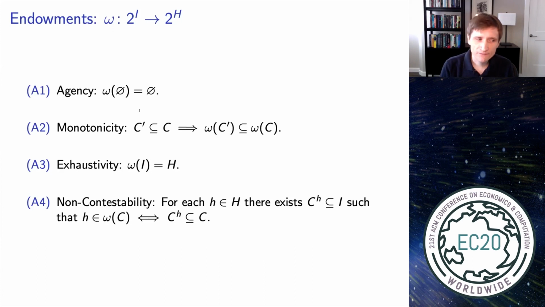The first three are fairly uncontroversial. The empty set owns nothing, a coalition owns anything that a sub-coalition owns, and the grand coalition owns everything in the economy. The fourth assumption is in some way the technical one that lets us get some results. It's basically saying that for each house, there's some critical set of owners, such that a coalition owns a house if and only if that critical set is a subset of the coalition.